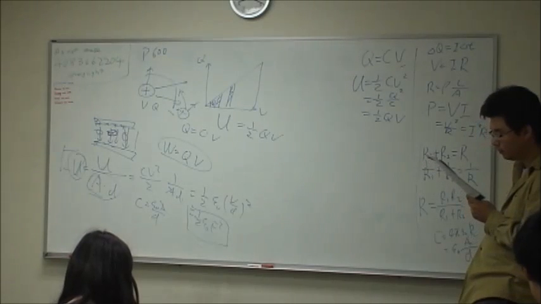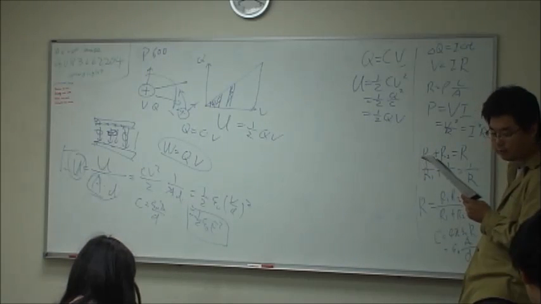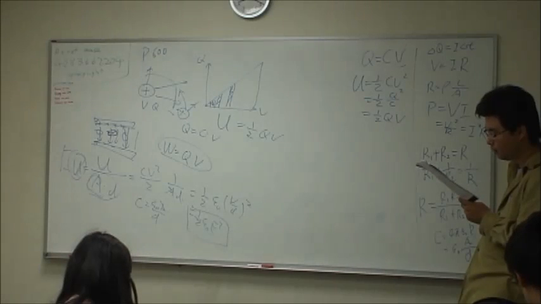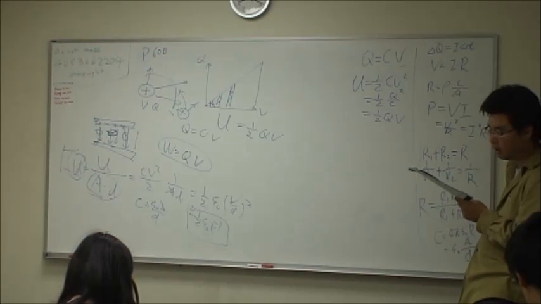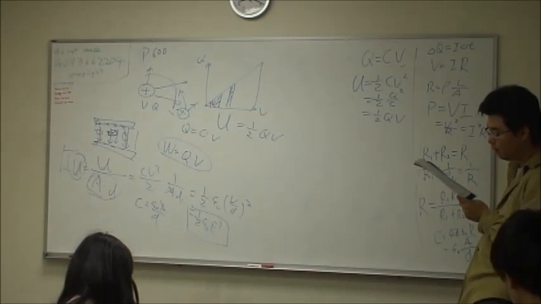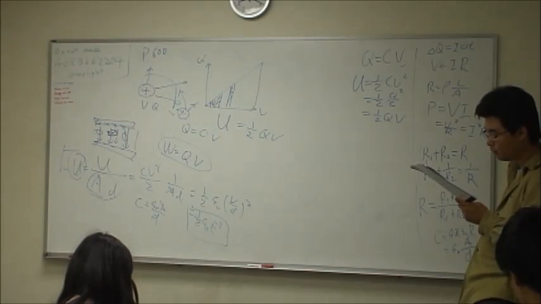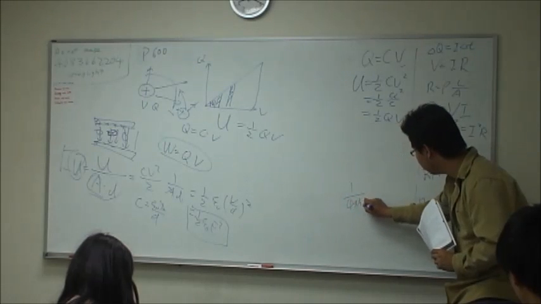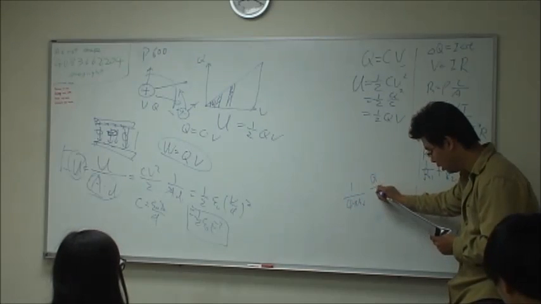That's part A. In part B, what's the energy density at the surface of the sphere? The energy density is talking about the field. Okay, so first you try to solve for the E field. The E field is Q over 4 pi epsilon r squared.